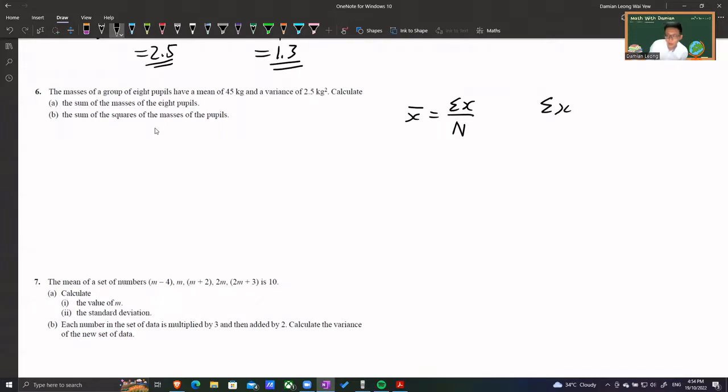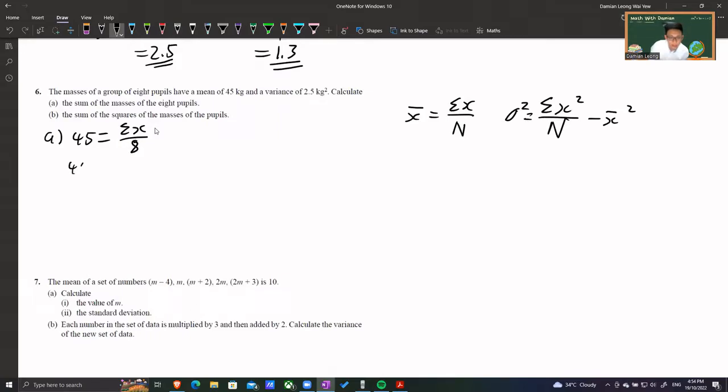As for sum of x squared, I need to use the variance or standard deviation formula, depending on what is given. In this case, we're given variance, so sum of x squared over n minus mean square, this formula. So for part A, mean is 45 equals sum of x over 8 pupils.